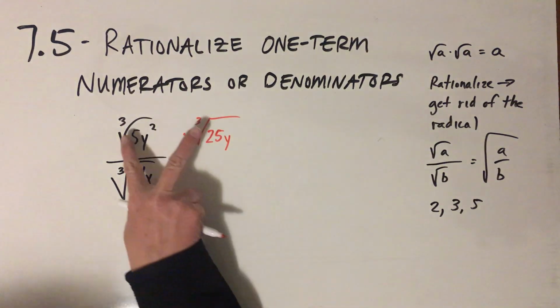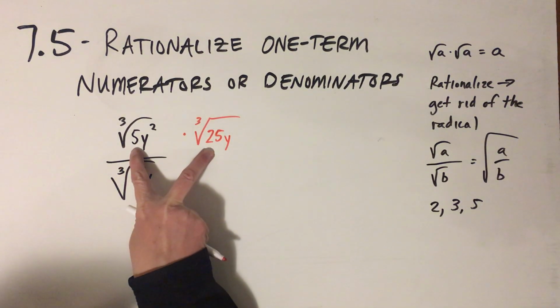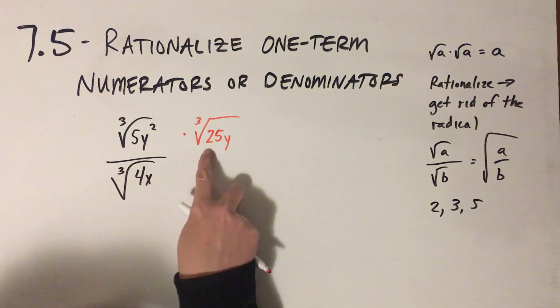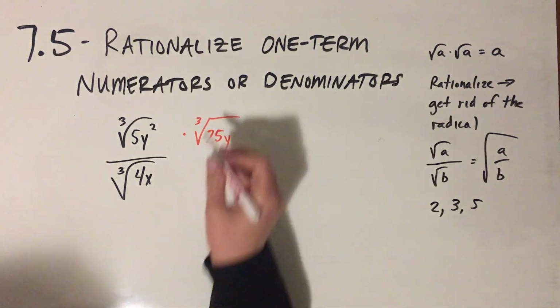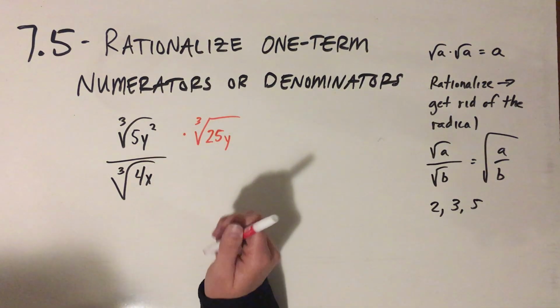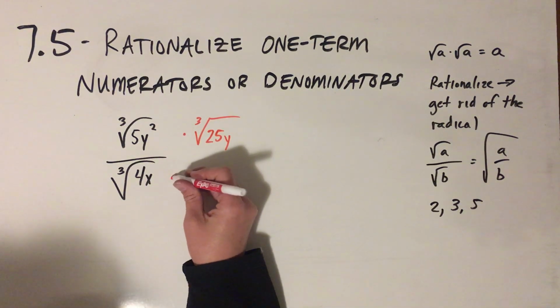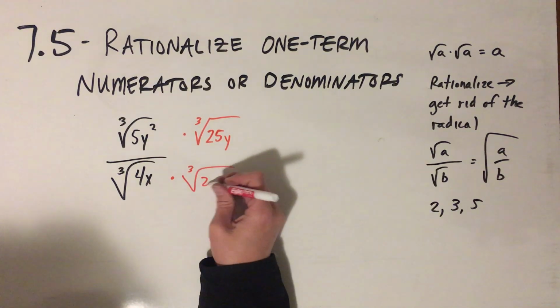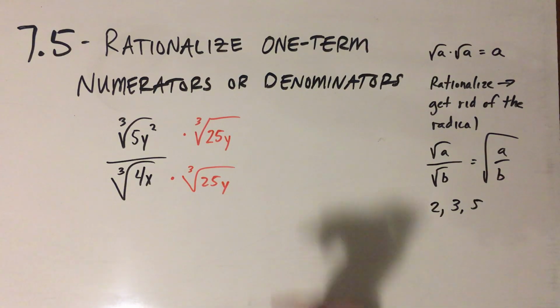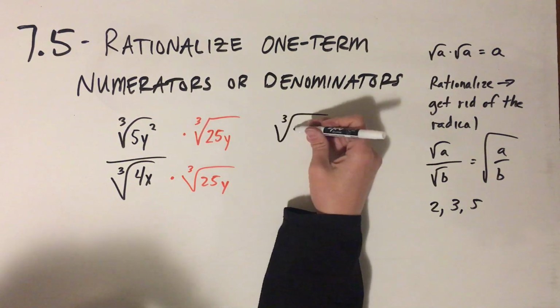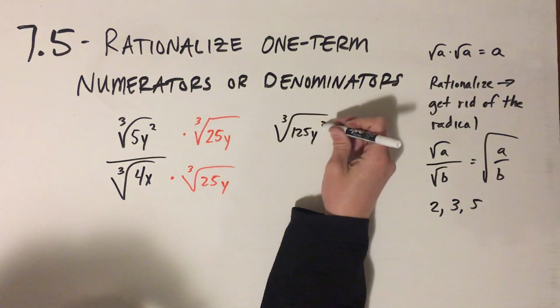So to get the cubed root, or to have 3 of these, I'm going to have 5 times 5 times 5, y times y times y. Okay, so that's what I need to multiply to get this radical out of the numerator. Whatever I do to the top, I've got to do to the bottom. When I multiply the top, I get the cubed root of 125y cubed.